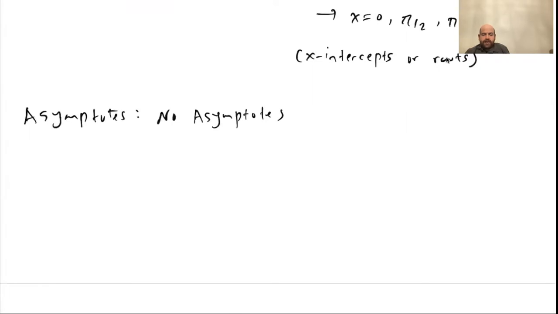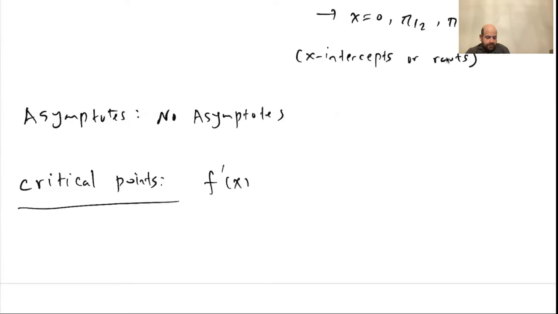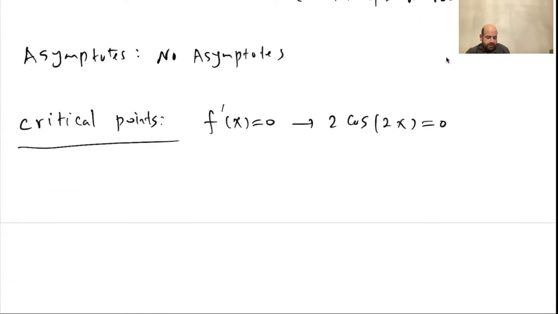Now let's see whether we have any critical points or local max or min. For critical points, we need to set f prime of x equals 0. So that gives 2 cos 2x equals 0, which means cos 2x has to be 0.